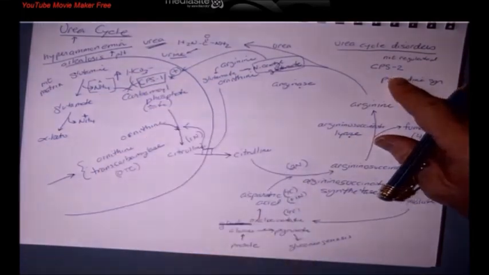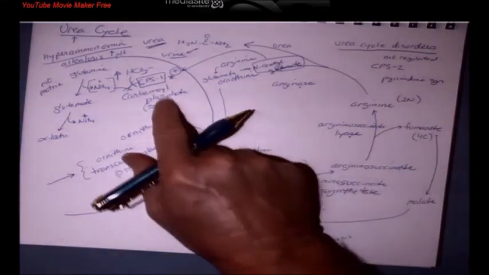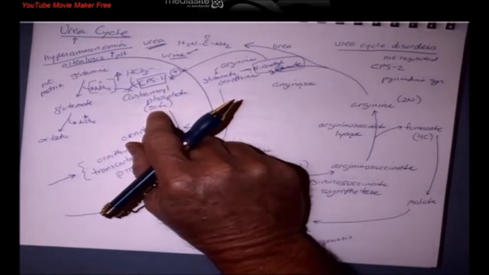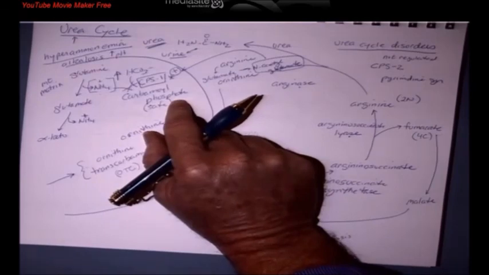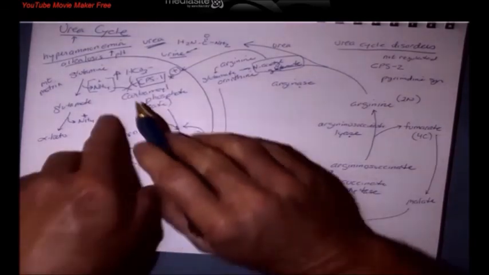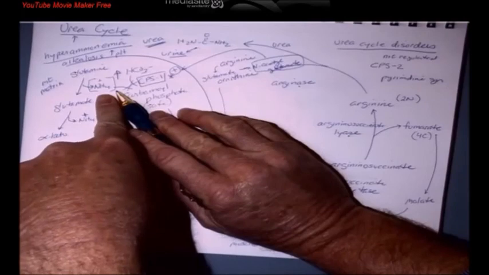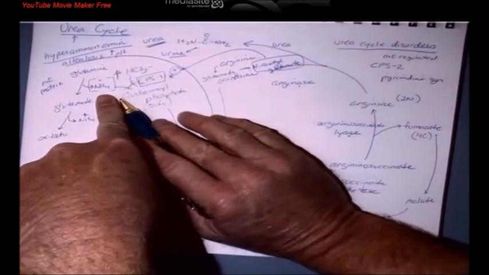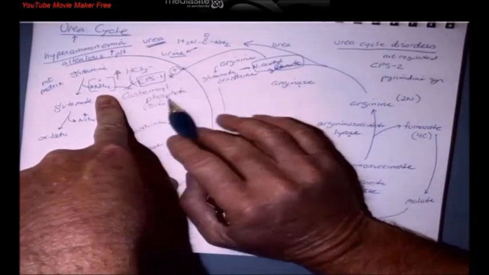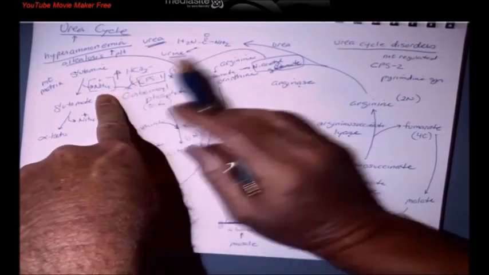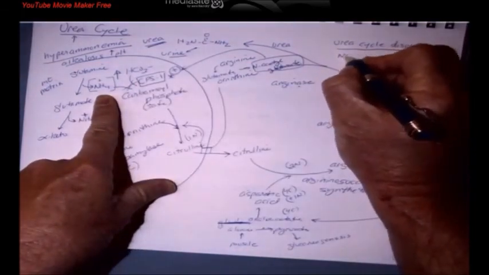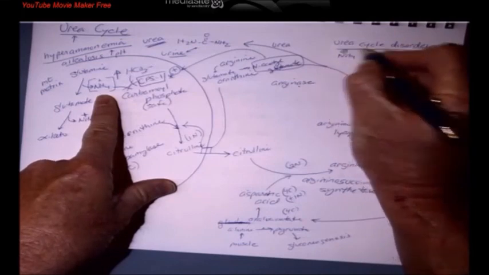So what this means is that if you have a defect in carbamoyl phosphate, let's say you either have reduced activity, inborn error, you're going to have higher concentrations of ammonia that's going to lead to hyperammonemia. But let's say you have slightly decreased activity here. This ammonia will be pushed into another reaction.